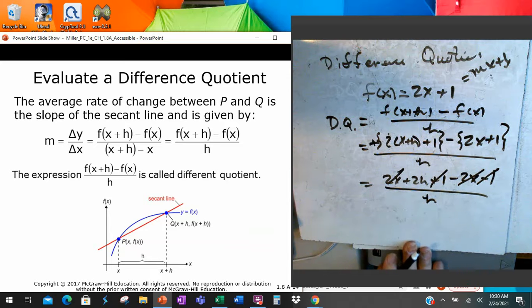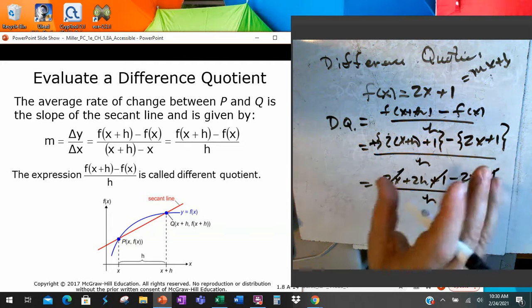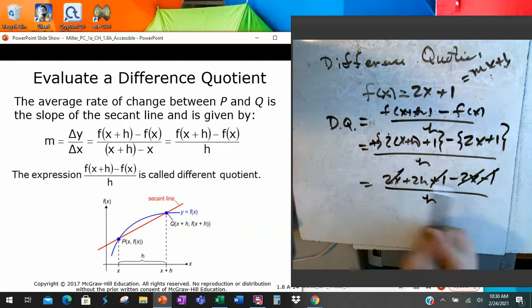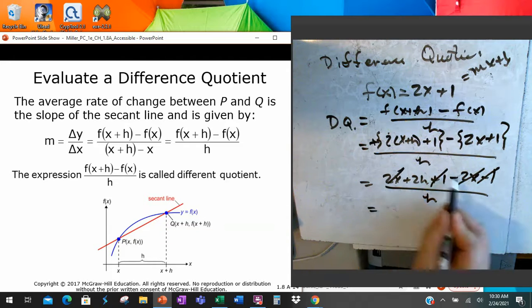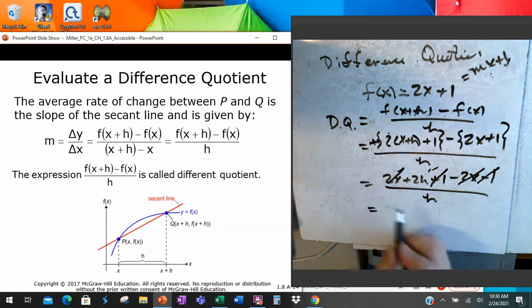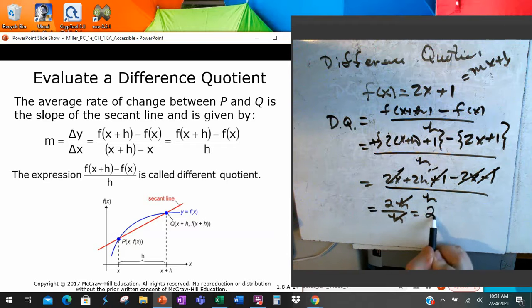Okay? This will always happen. Sometimes a little bit later, but for most of the functions, polynomials and everything, this is going to happen right off the bat. So now the top is always going to have h's in it. Okay? This is just simply 2h over h. Usually there's some canceling. You need to be able to cancel that stuff. And in here, I just come up with 2.